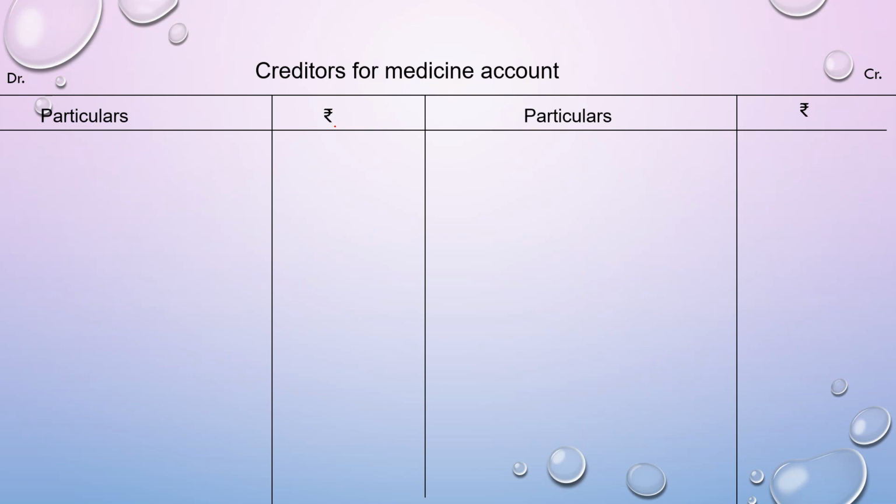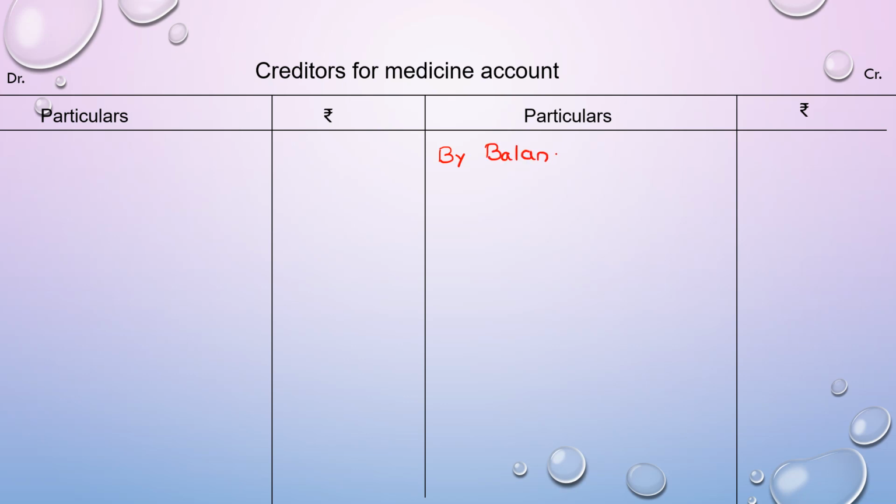First, for this account method, what we would be doing is we would prepare creditors for medicine account. It is the creditors account. So by now, being in 12th standard, we would know that creditors are liabilities and liabilities have which balance? Credit balance. So the opening balance would be on the credit side.